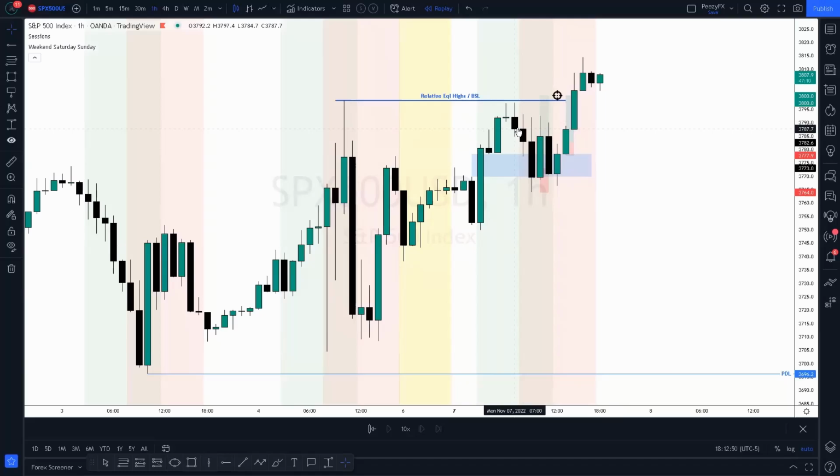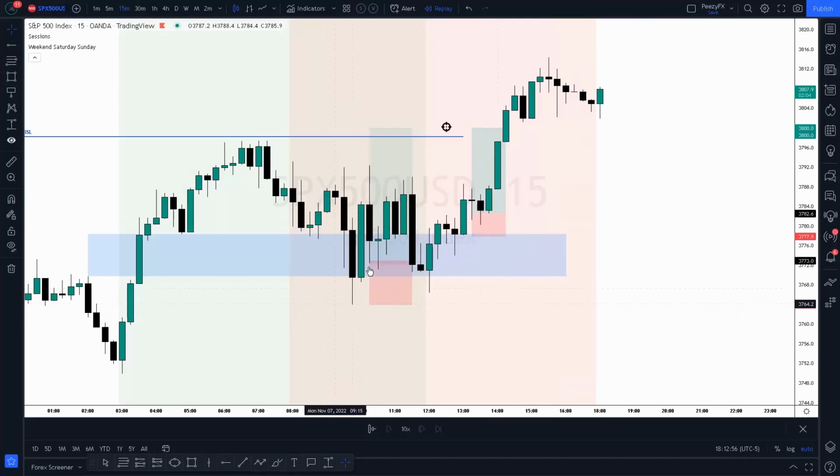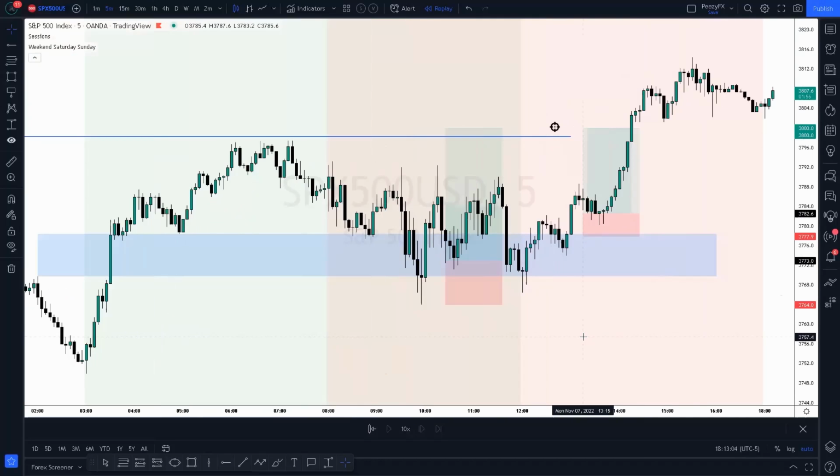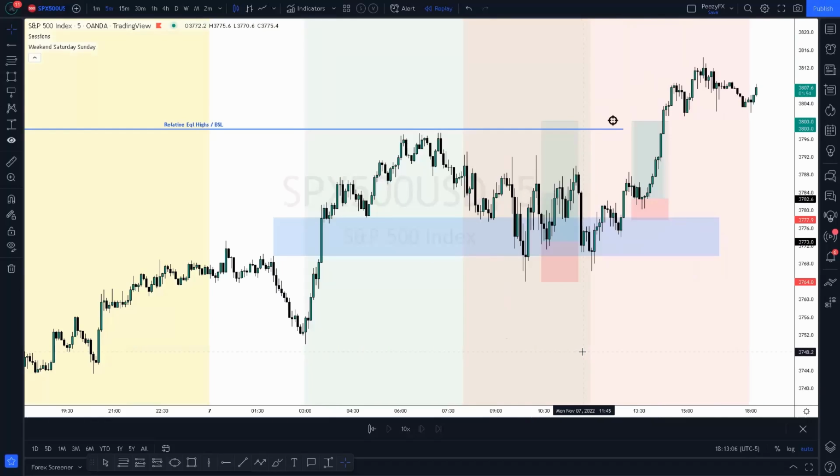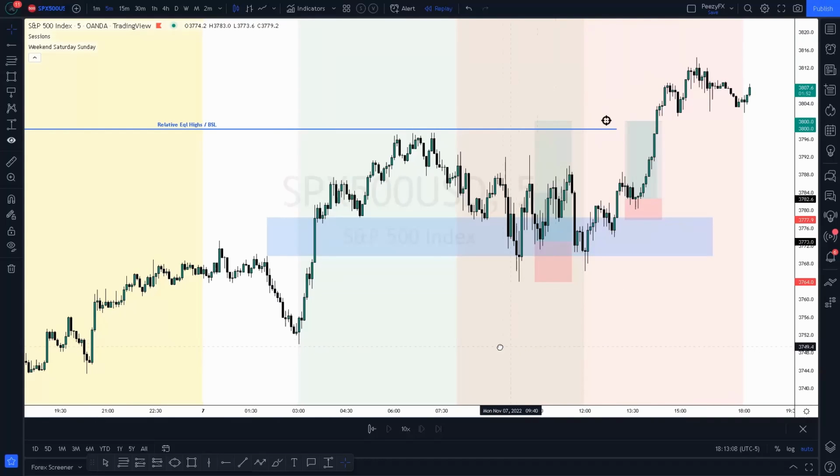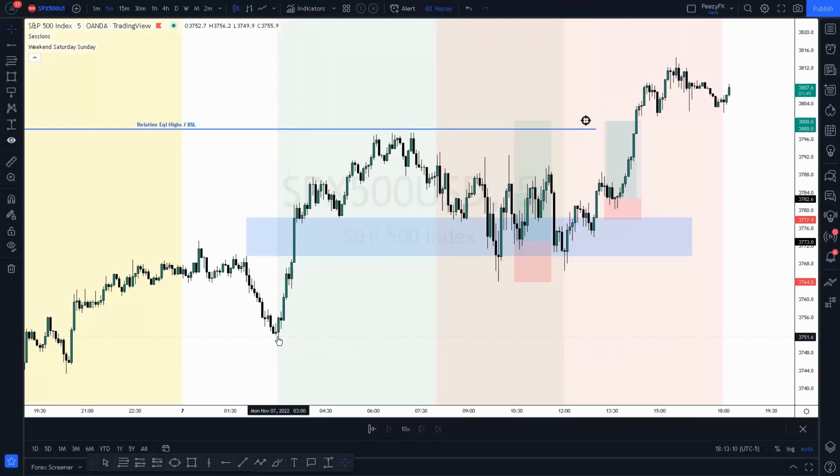New York session open. I was busy trading Euro USD, and I typically don't look at indices until around 9:30. So essentially what I was waiting on was a retest from the expansion higher in London.